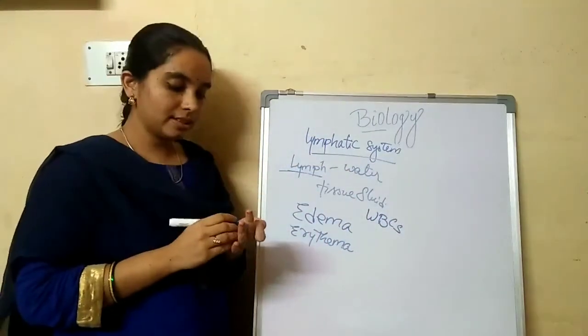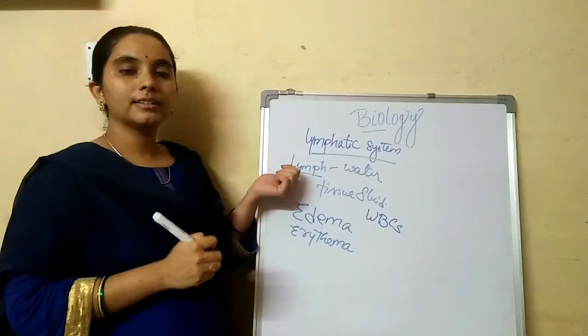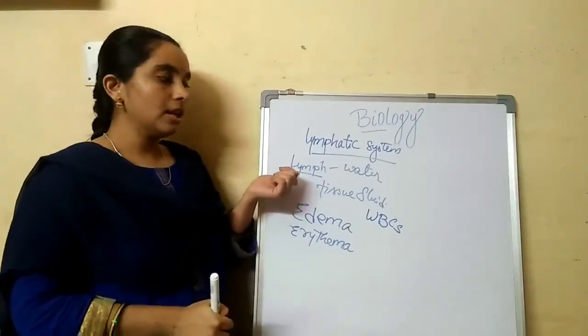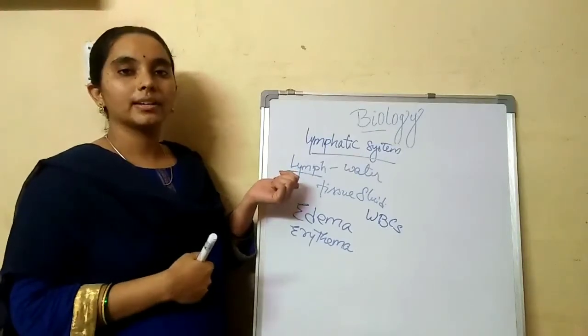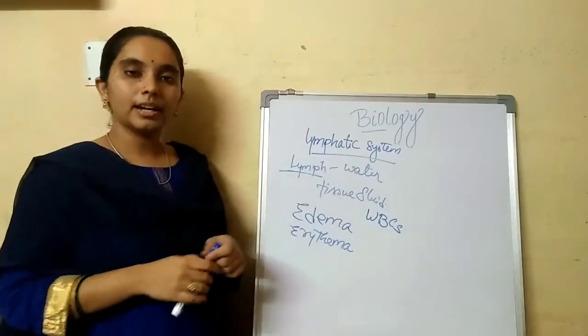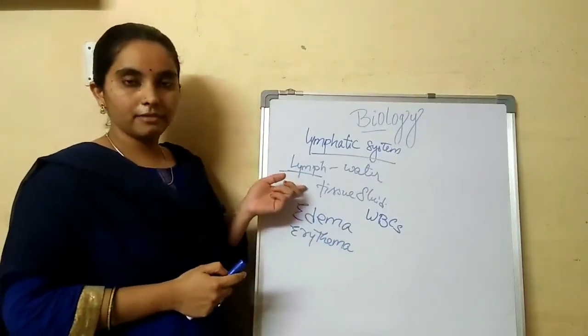These white blood cells present in the lymph act as the fighters or defenders against harmful microorganisms. If any harmful microorganisms enter our body, these white blood cells will fight against them and give us immunity.